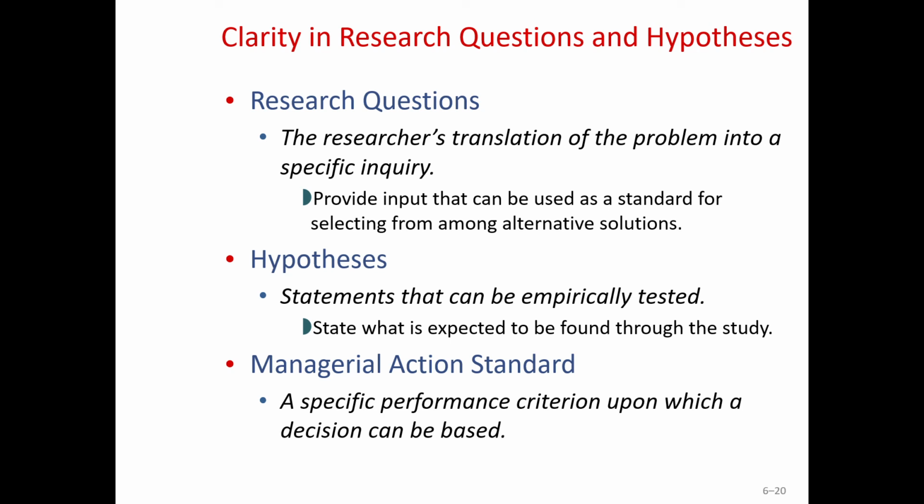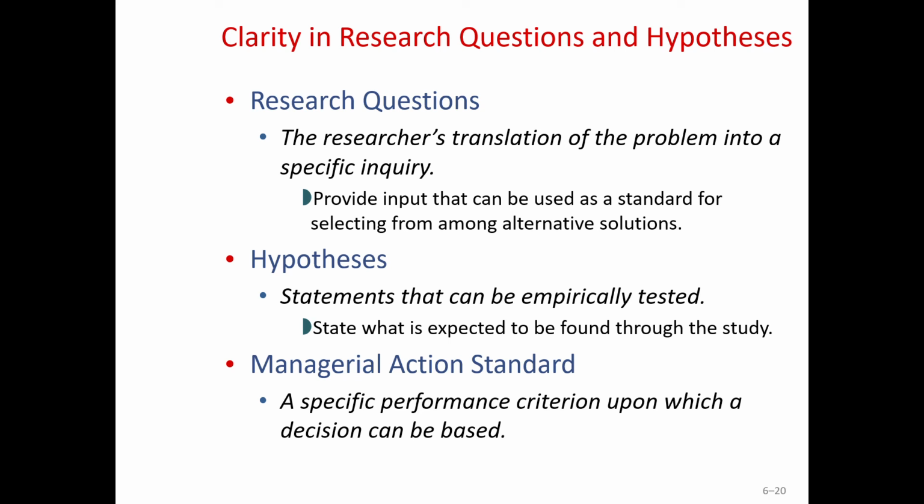Management is often faced with a go or no-go decision, and in such cases a research question or hypothesis may be expressed in terms of a meaningful barrier that represents the turning point in such a decision. And in this case, the research involves a managerial action standard that specifies a performance criterion upon which a decision can be based.